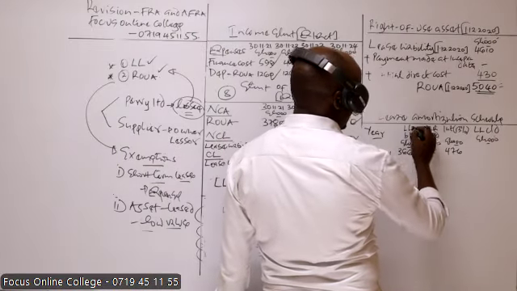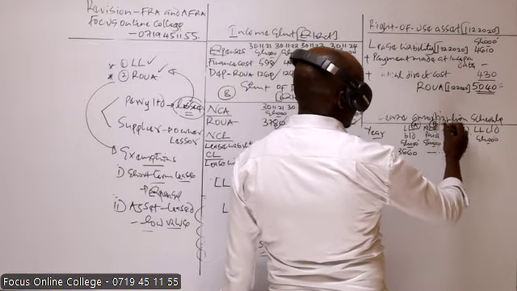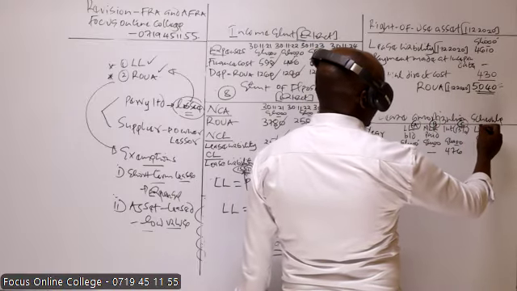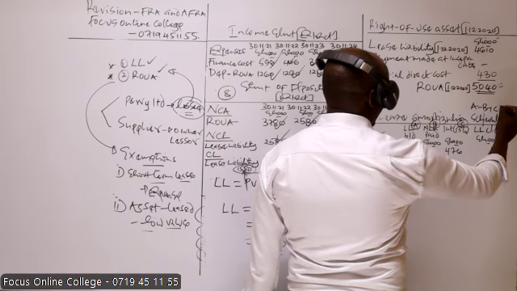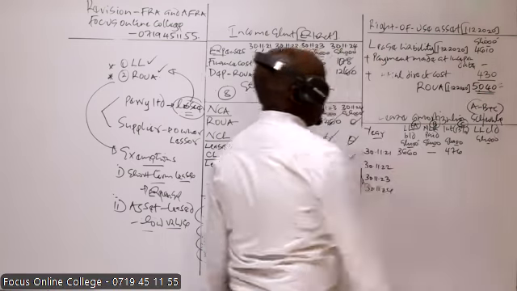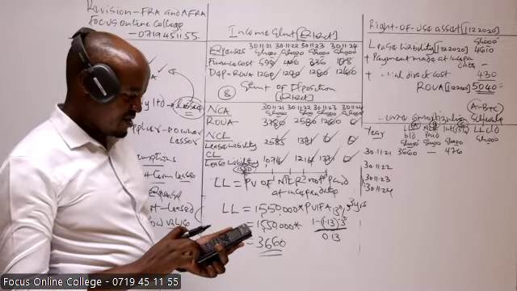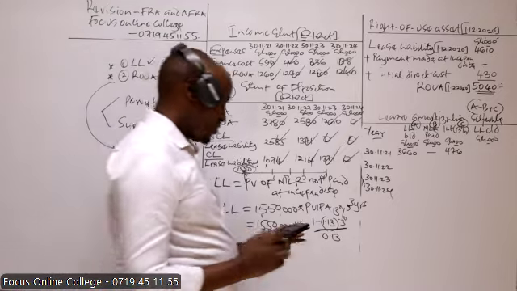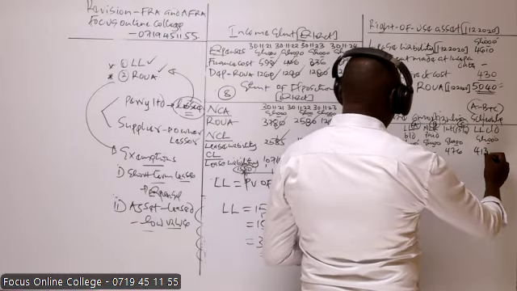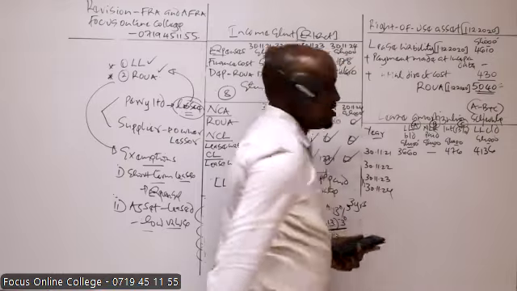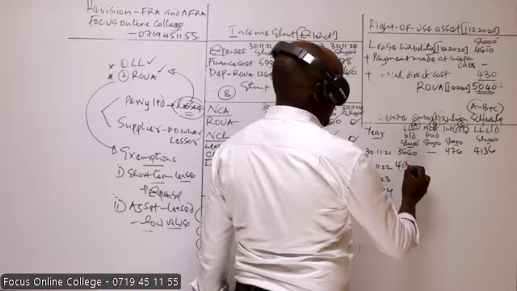The lease liability will be equal to A minus B plus C. So that will be equal to how much? This one will be equal to 4136. So that will be the opening balance here, 4136.